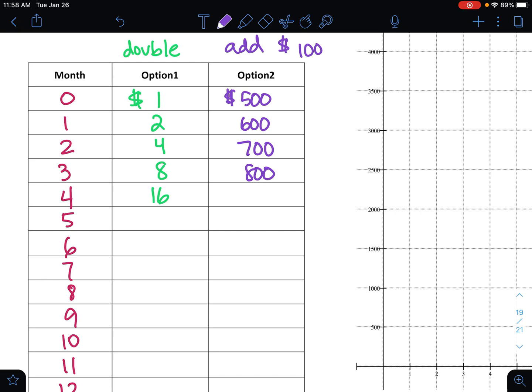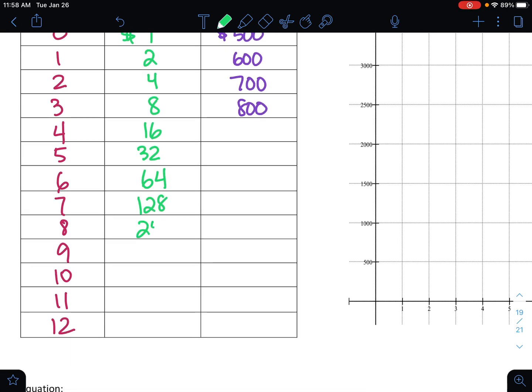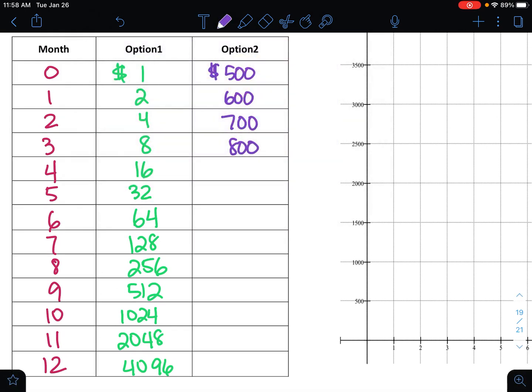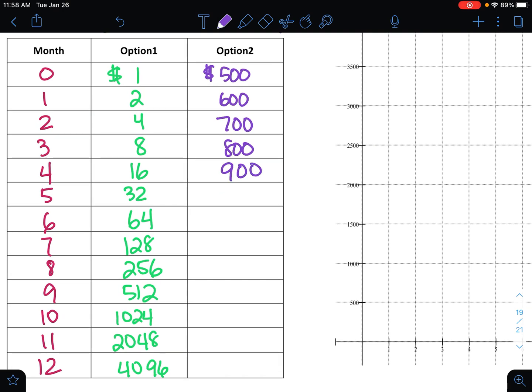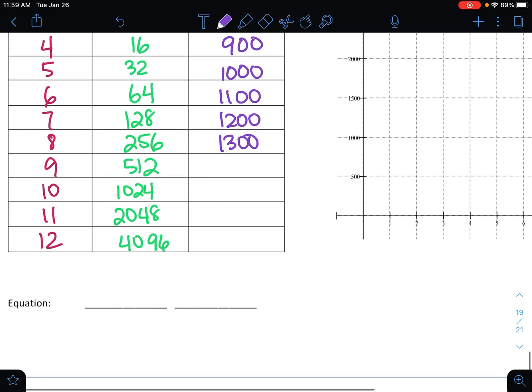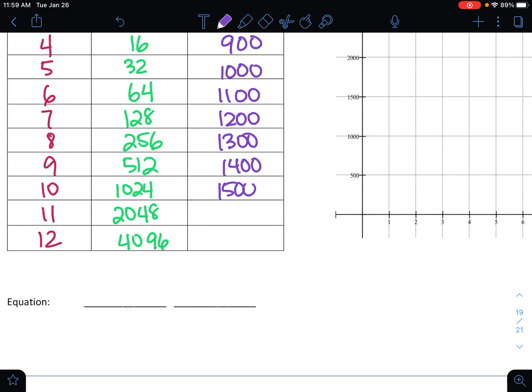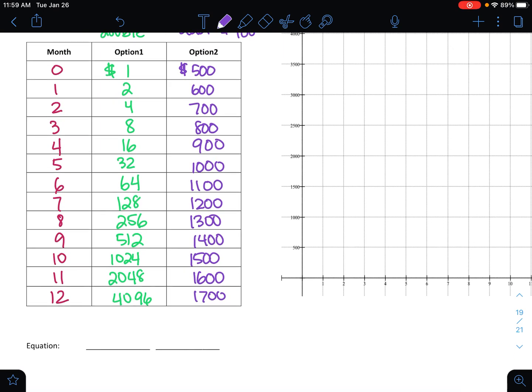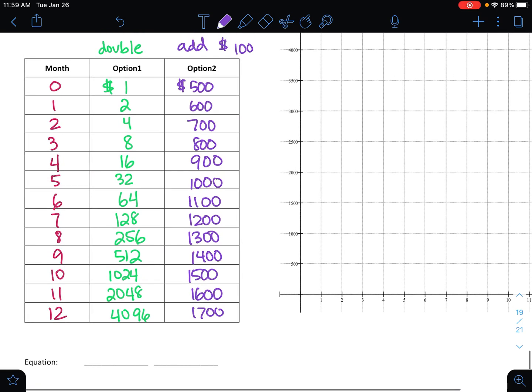So I want you to pause the video and complete your 2 columns and then come back and we'll move on to the graph. Okay, take a moment and see if you match what I have here.